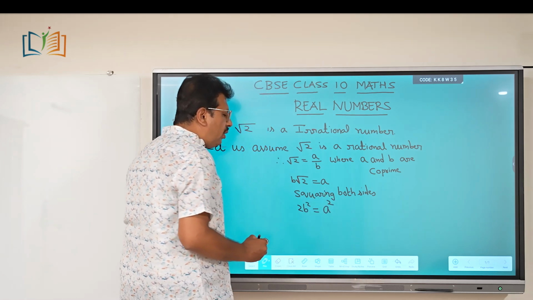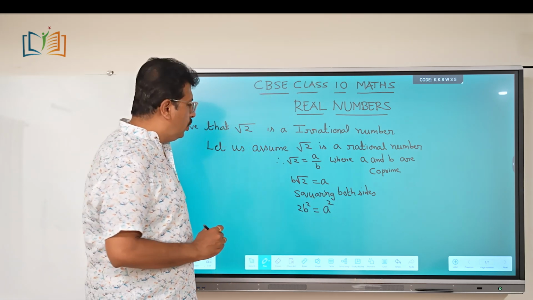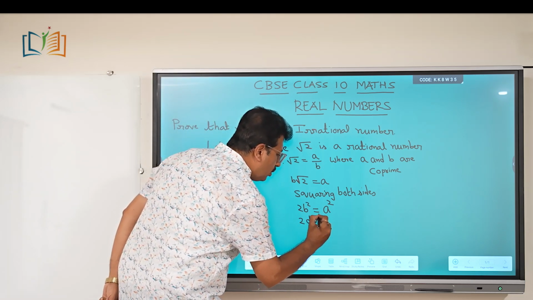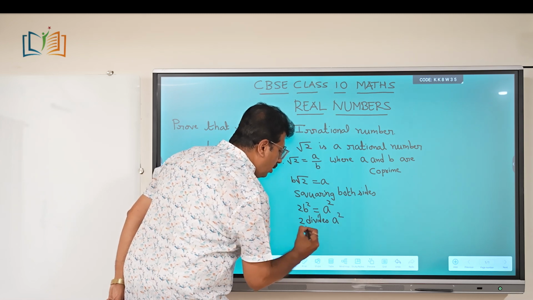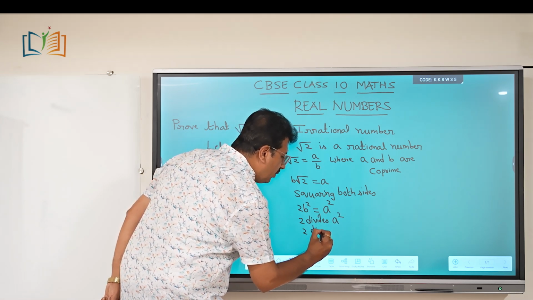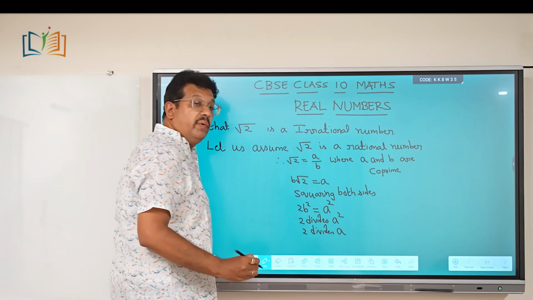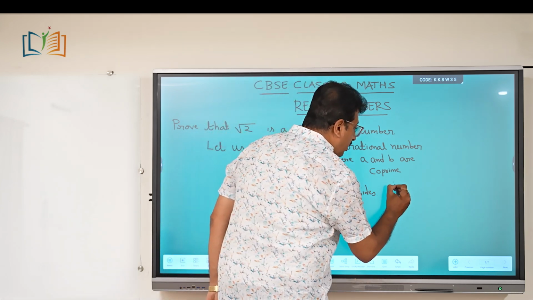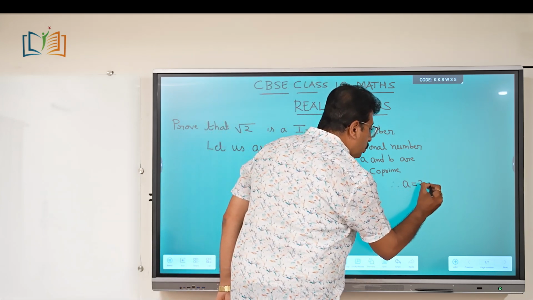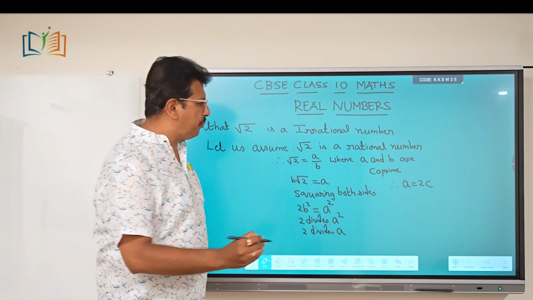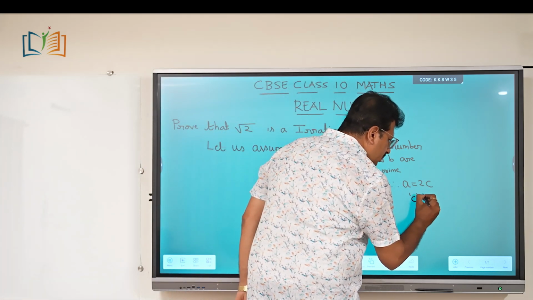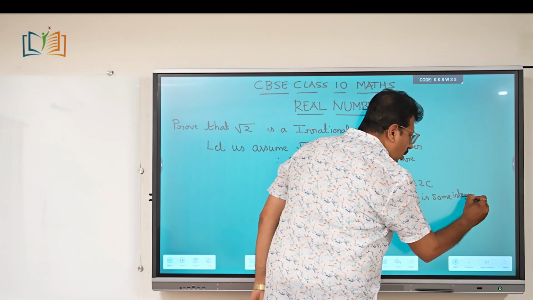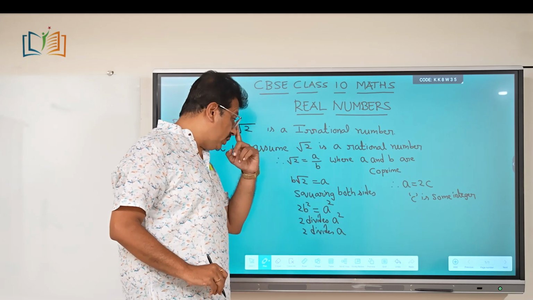Here, 2b square equals a square means 2 divides a square, or you can say 2 divides a. Therefore, we can write a equals 2c, where c is some integer. Some integer means it can be any positive or negative number. So a equals 2c.